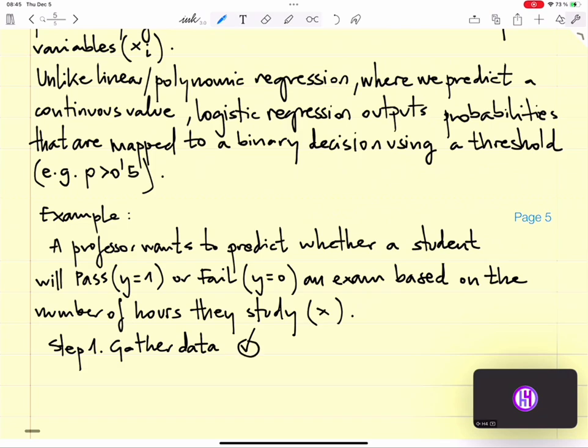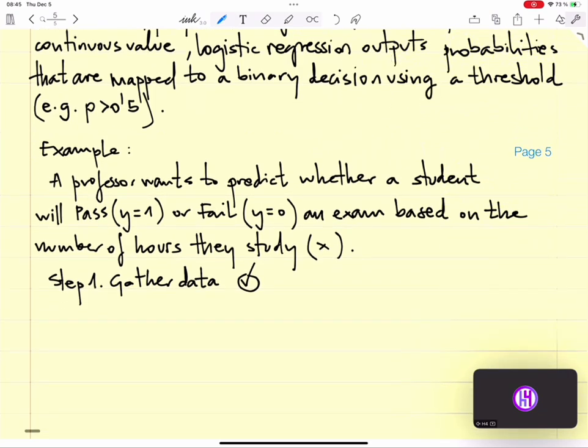This is given in this case. So X hours and Y pass or fail.